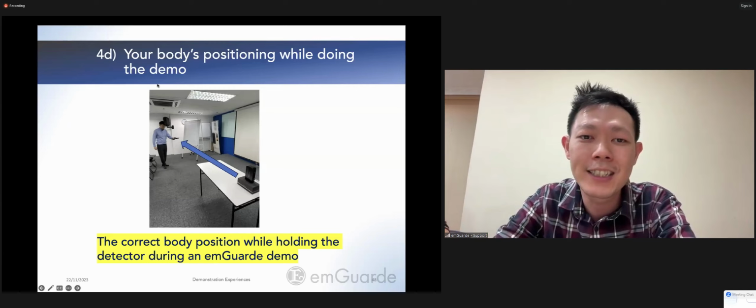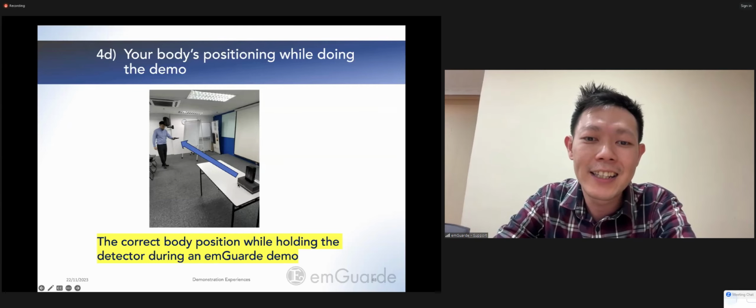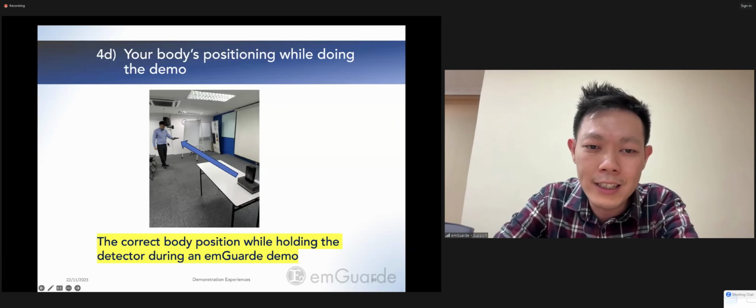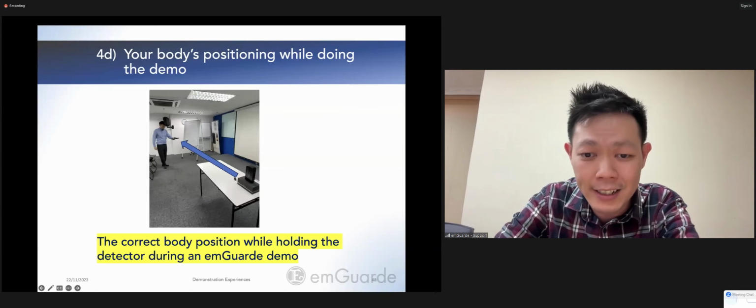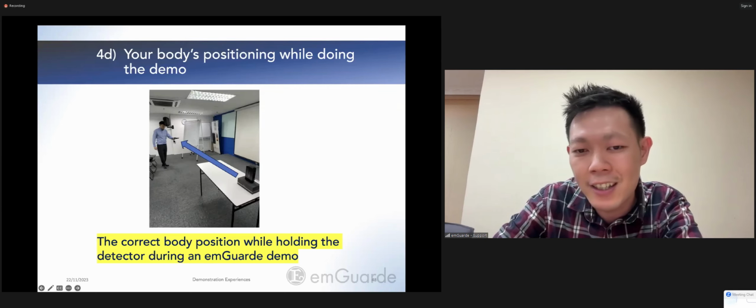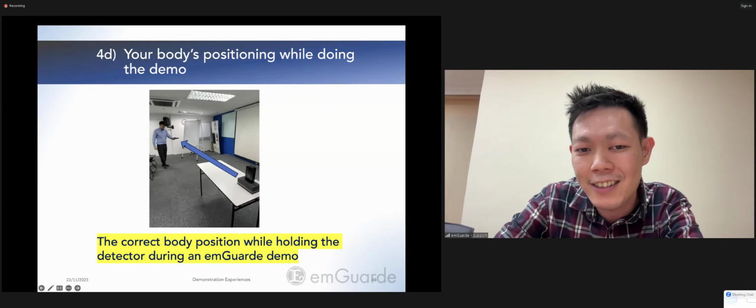Why I show this one is because, in some cases, while we are using the radiation detector to do the demo, you must make sure that the detector is not blocked by your body. You can see David is in front, that is not blocking.